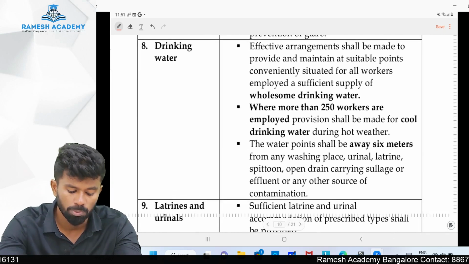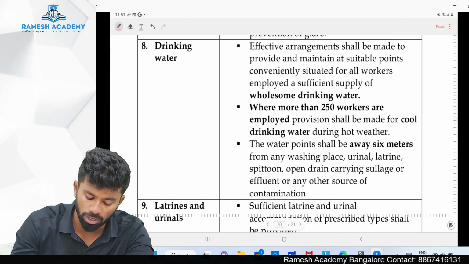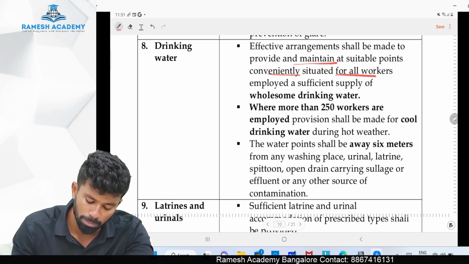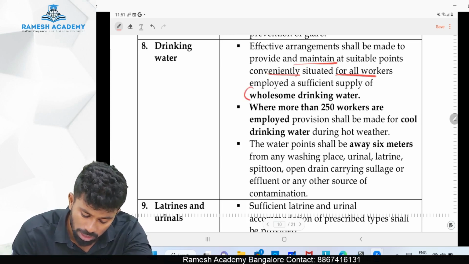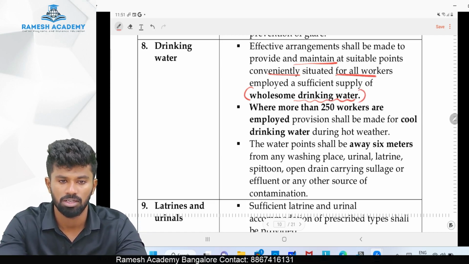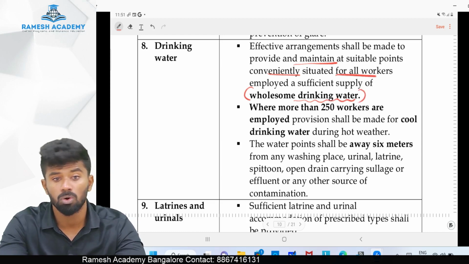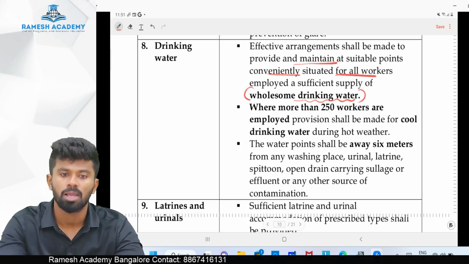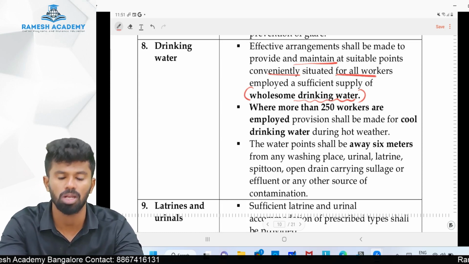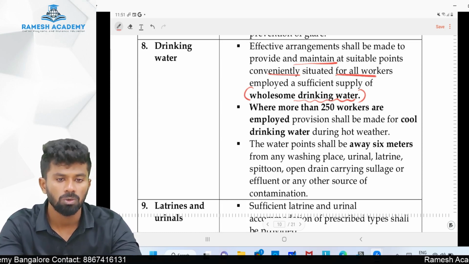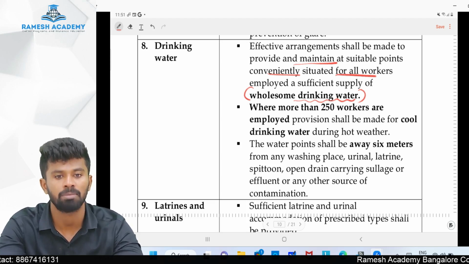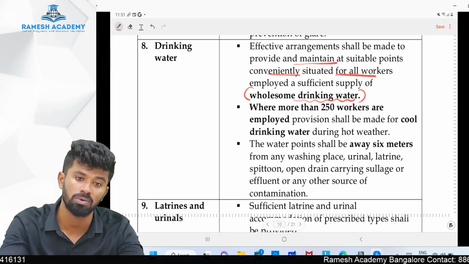Drinking water. Effective arrangement shall be made to provide and maintain, at suitable points conveniently situated for all workers employed, a sufficient supply of what? Wholesome drinking water. Wholesome drinking water facility shall be provided. Where more than 250 workers are employed, a provision shall be made for cool drinking water. They may ask in the examination, when is providing cool drinking water mandatory for an occupier, if there are more than how many workers employed?